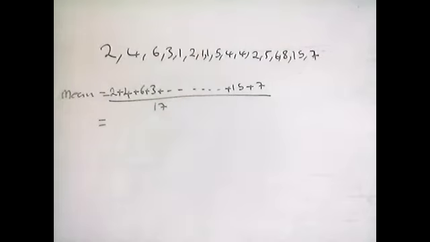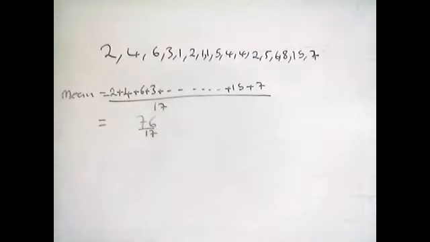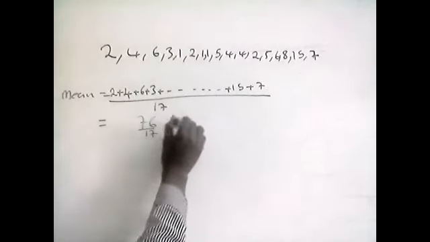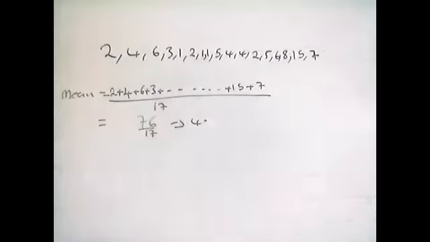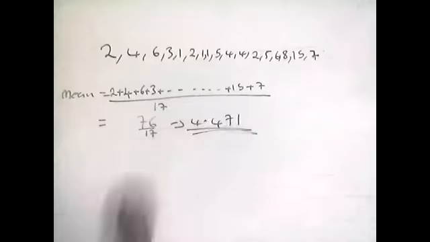This gives us 76 over 17, which is the same as 4.471. So that's our mean.